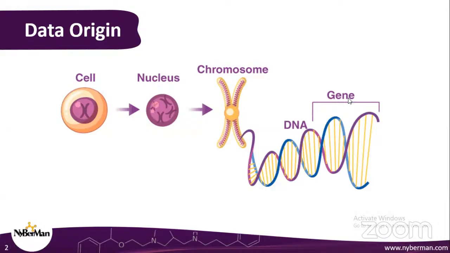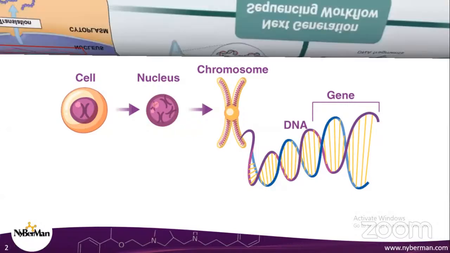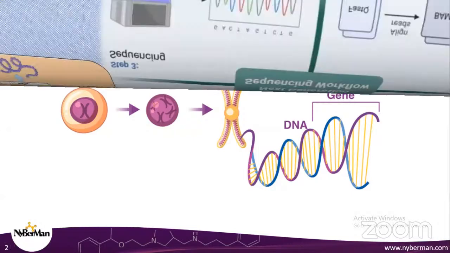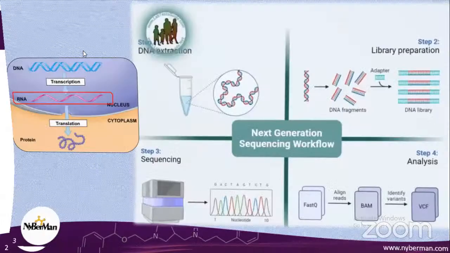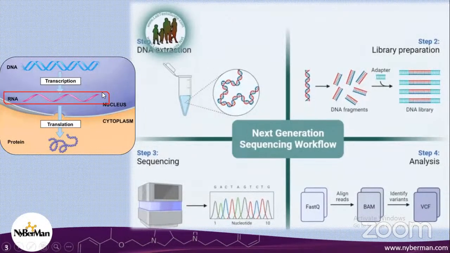Okay, so this is basically the origin of data, and how we are getting the gene expression data. If we are doing DNA-seq analysis, we will extract data directly from DNA, but when we are doing RNA-seq analysis, we will extract the data from RNA, that is within the nucleus.